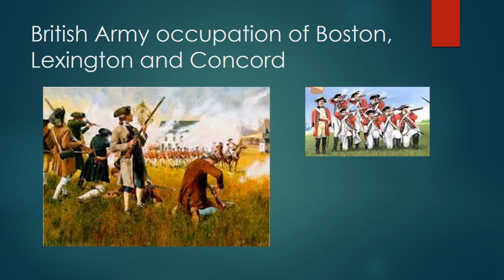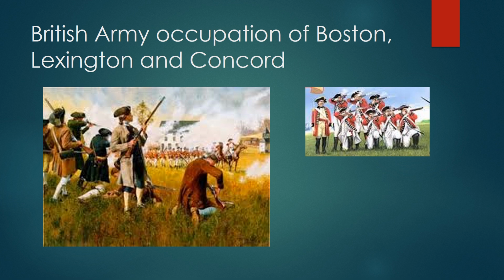Now, relations get so bad that by 1775, Boston's completely occupied by the British Army, and basically the countryside and all the villages around Boston are in rebellion. There's open colonial militia that train.